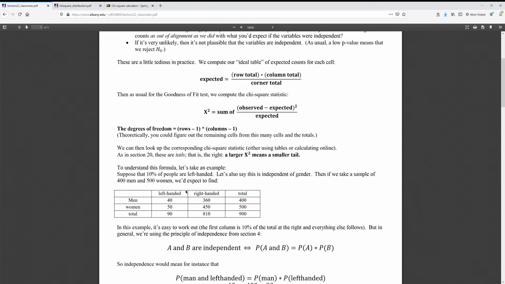Or does the data suggest that men are more likely to be left-handed or women are more likely to be left-handed, etc., etc.? In other words, either it is plausible that the two variables have nothing to do with one another, that they're independent, or maybe we have evidence that the two variables do have something to do with one another.